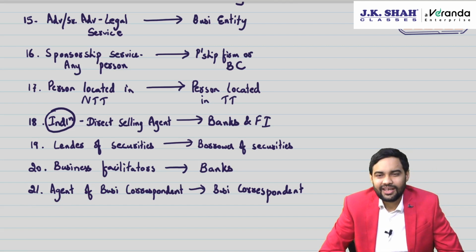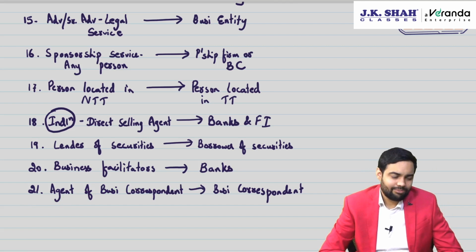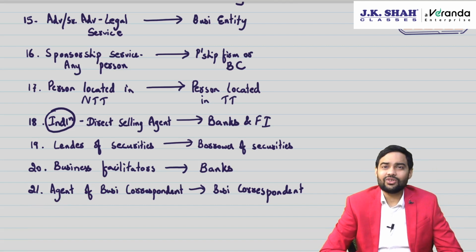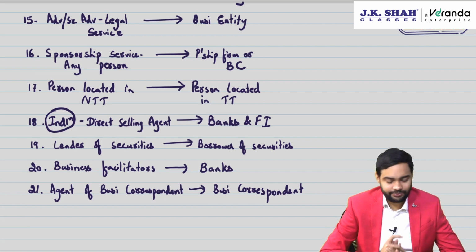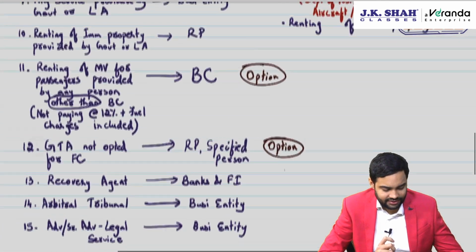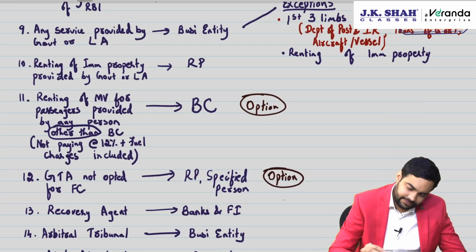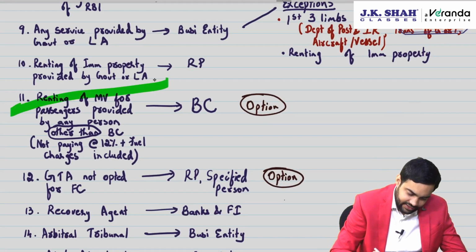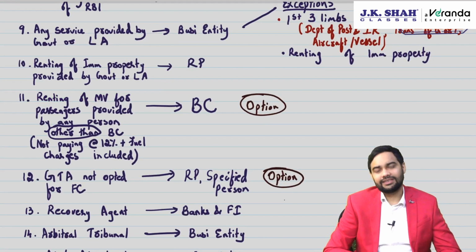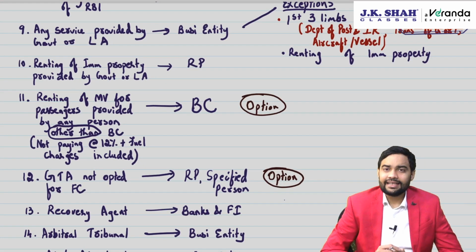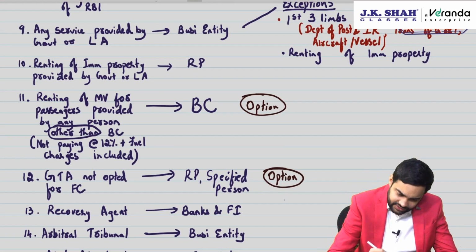This is how you can remember it, but please be very careful. You need to know the specific combination because if you don't apply the specific combination, then there is no use. Plus, one important circular in this is distinguishing between renting of motor vehicle and transportation of passenger. Please understand, renting versus transportation.